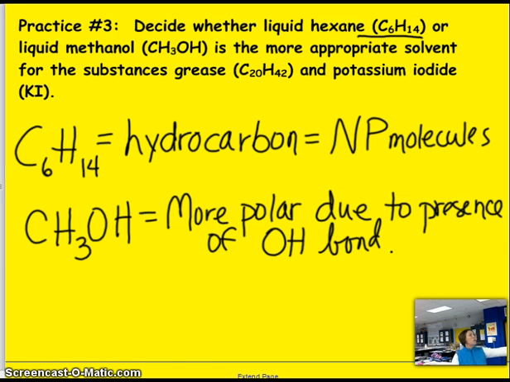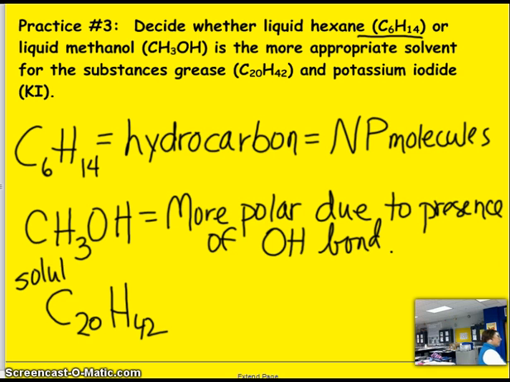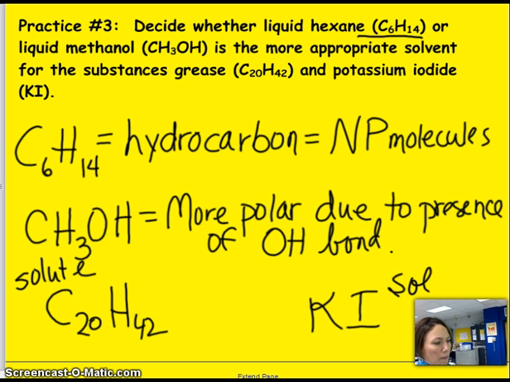This one's polar. Now, our two solutes we're going to dissolve are this one, C20H42, and that's our solute. And our other solute is KI. And we have to predict which solvent is best for them.